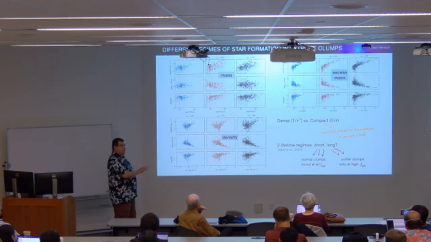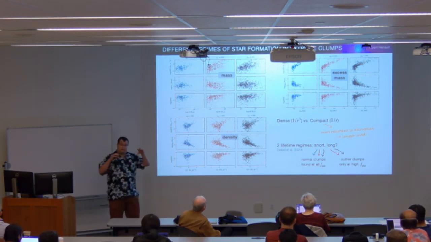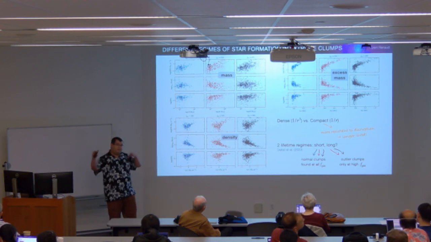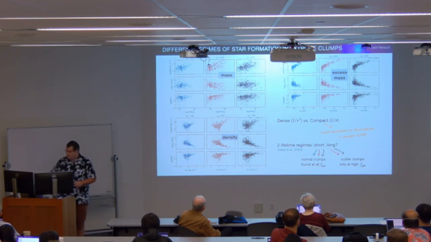I'm just speculating here because tracking clumps is very difficult. The gaseous structures merge, they split, they evolve, they collapse. So it's very, very difficult to come up with a quantitative argument.